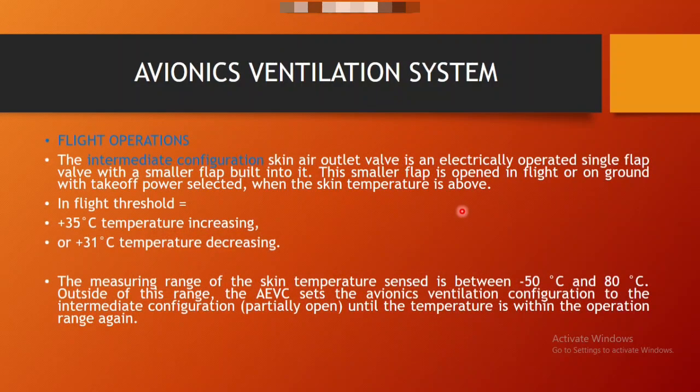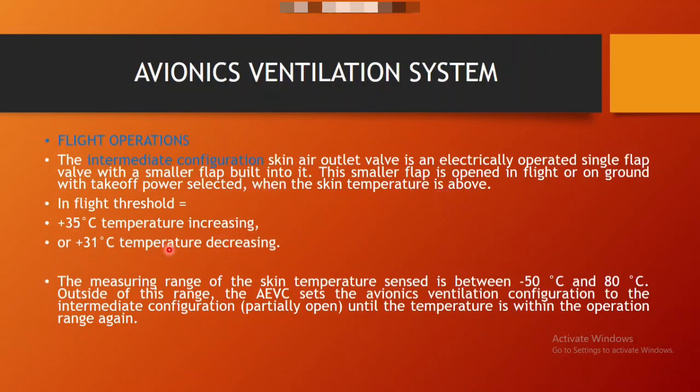Now there is the intermediate circuit configuration. The skin air outlet valve is an electrically operated single flap valve with a smaller flap built into it. This small flap is open in flight, or on ground with takeoff power selected, when the skin temperature is above a threshold.